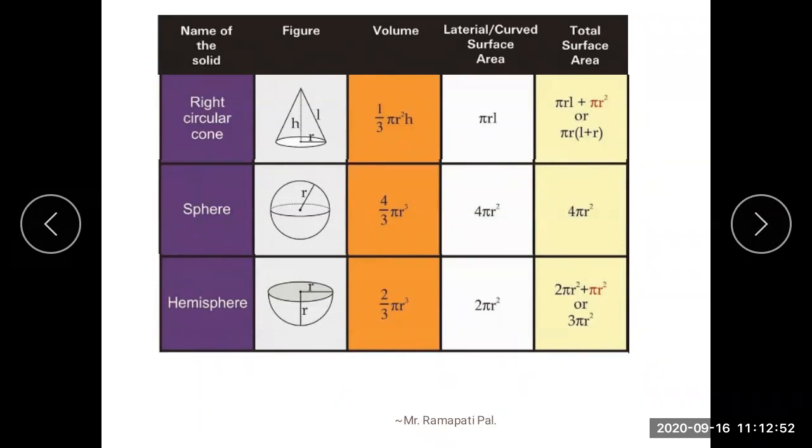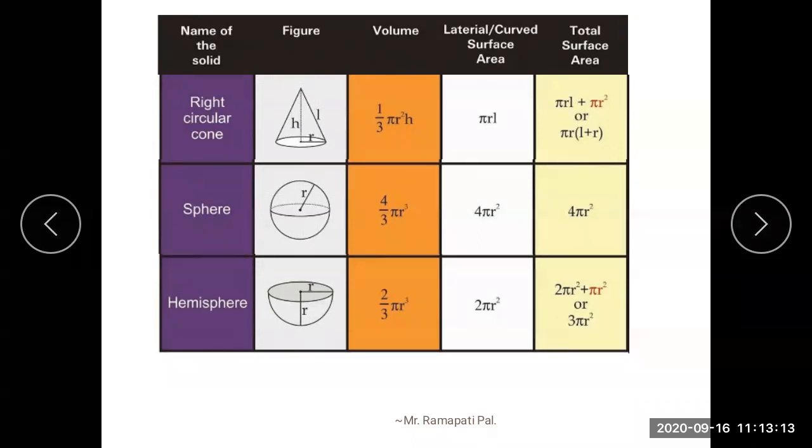So volume of a hemisphere is 2 upon 3 pi r cube, and curved surface area of a hemisphere is 2 pi r square.